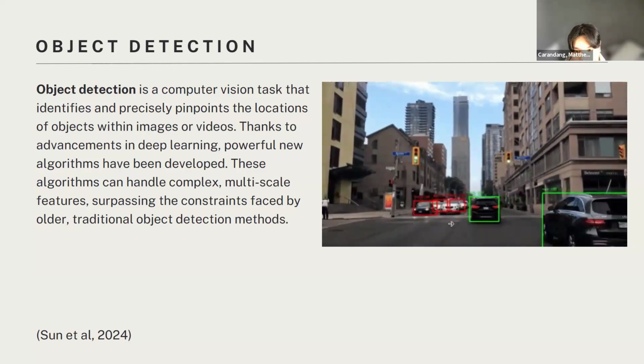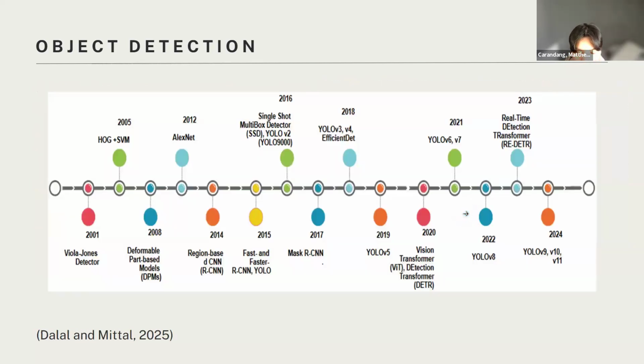So, as we can see here, this is the evolution, or the timeline, of object detection. First, we're going to start off with the Viola-Jones detector and HOG plus SVM. Both of these are, quote unquote, classical object detection. The Viola-Jones detector is actually a face detection method. Classical in this context means that they're programmed to look for certain facial features.